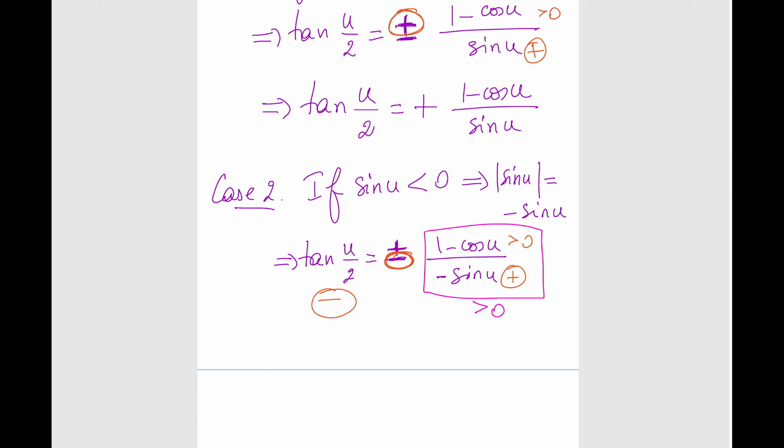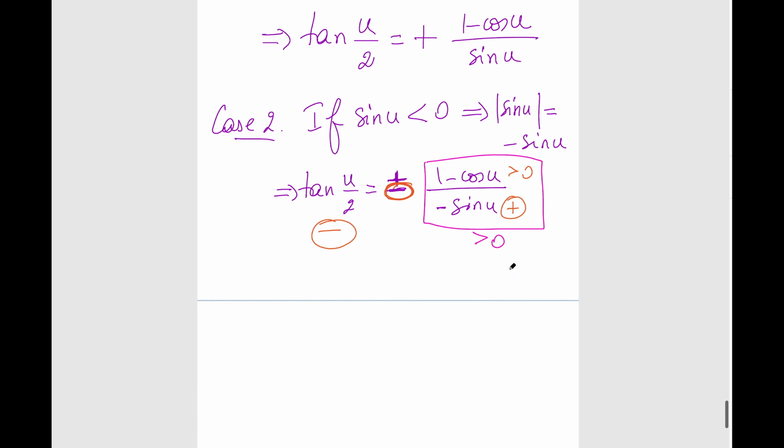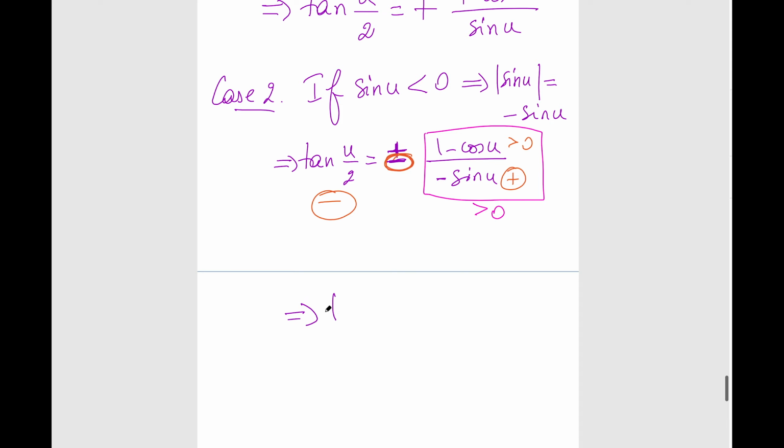And how can we write the whole thing then? We can write it in this case as tangent of u over 2 equals minus the quotient of 1 minus cosine of u divided by minus sine of u. Agree with that? Because we choose the minus sign to turn the whole thing into negative, because that guy is negative.